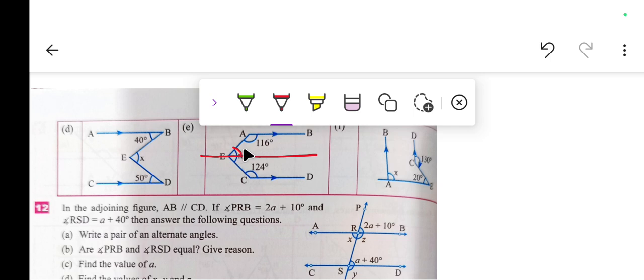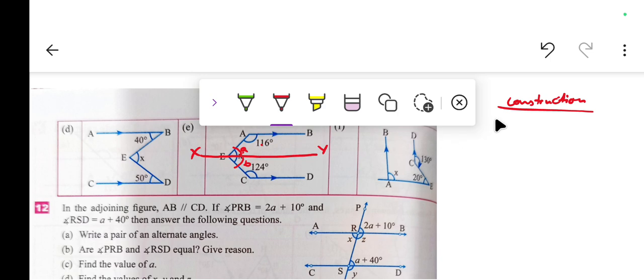For the construction you will write the same thing as we have done before for question number 11C: a line XY drawn parallel to AB and CD passing through E.